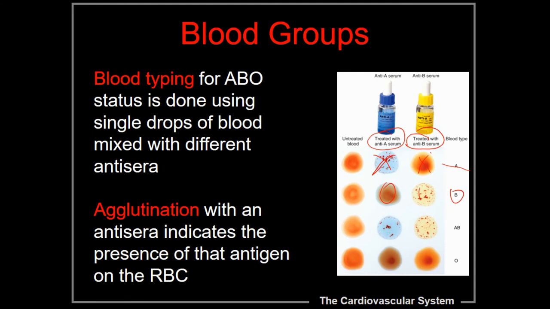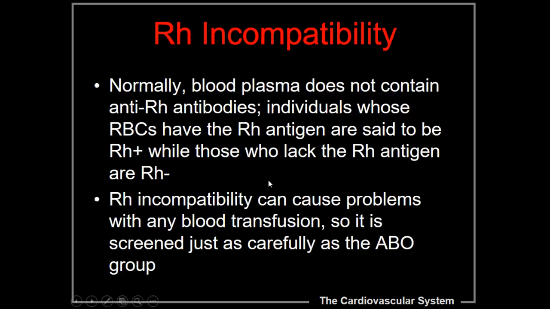If you have a drop of blood and the antibodies affect it all, you have type AB. And then if you have a drop of blood and these serums do nothing to the blood, then you have type O.